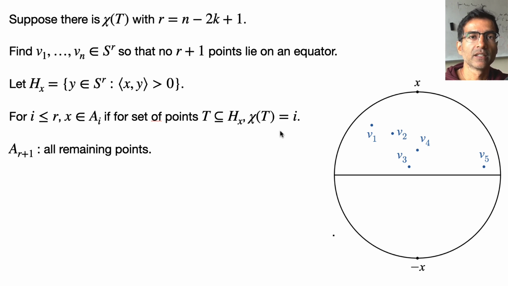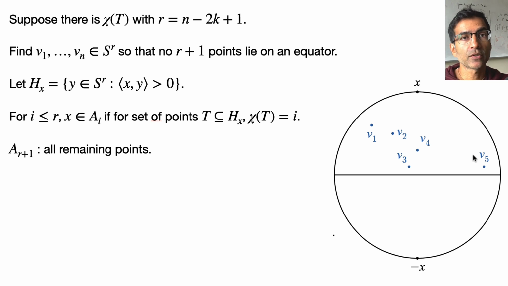So this gives r sets, each one corresponding to one of the color classes, and x is included in Ai exactly when there's a set T in h of x that gets colored i. And finally, you define A r plus 1 to be all remaining points, all the points of the sphere that were not covered by one of the Ai's from before.